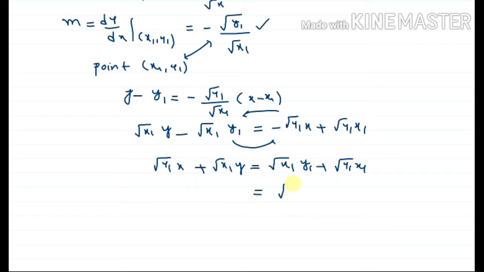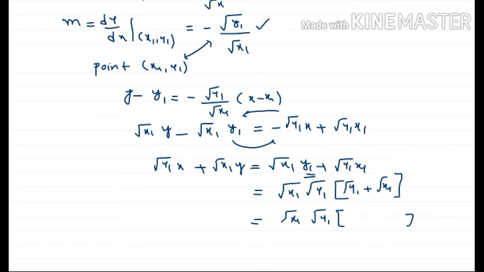Taking root x1 root y1 common: in this one, if I take root y1 common, I will get root x1 plus root y1, and here also if I take root x1 common, I will get root x1 root y1 times.